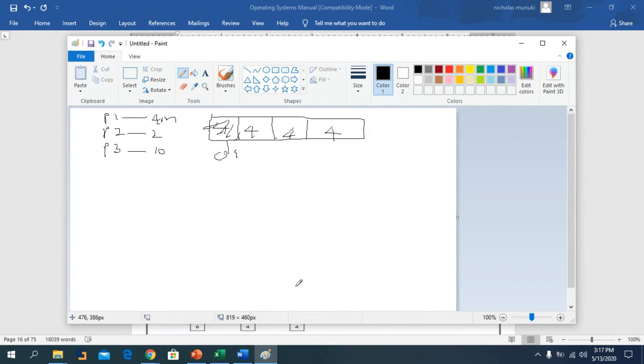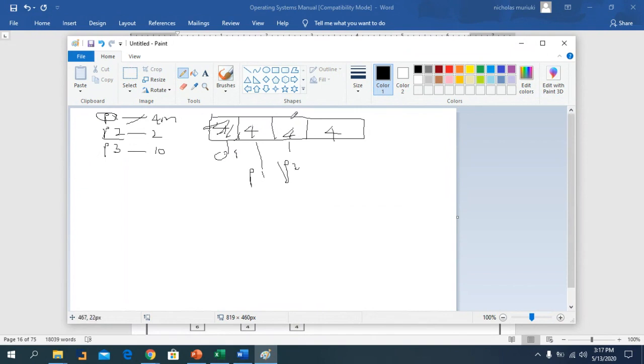Suppose we are using the first come, first serve algorithm. Process 1 will be the first one to be allocated in the first memory. So you allocate process 1 here, and then you allocate process 2 here. Remember, even if this memory is large enough, it cannot be used to hold another process.